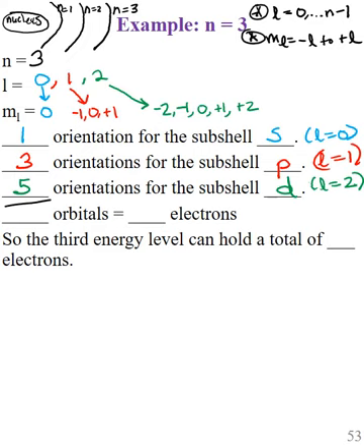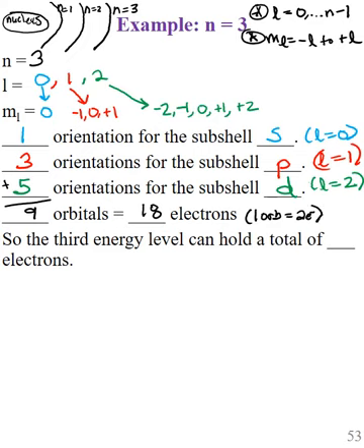Now if I add up all my different orientations, that will give me my orbitals. So how many orbitals will I have? 9 orbitals. And how many electrons would I have? 18, because we have to remember one orbital can hold a total of 2 electrons.